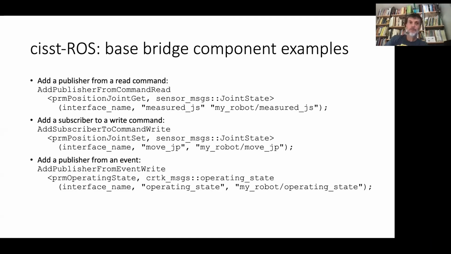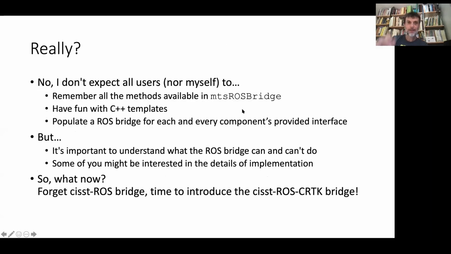When you get to the actual code, it looks something that ugly. You describe what you're wrapping and what direction. You need to use C++ templated code to say what type goes to where, from what to what. And then you have the interface name, the name of the command in cisst, and the ROS topic. And that's where I had my special effect that ROS decided to deflate.